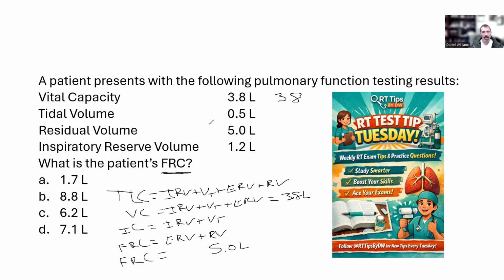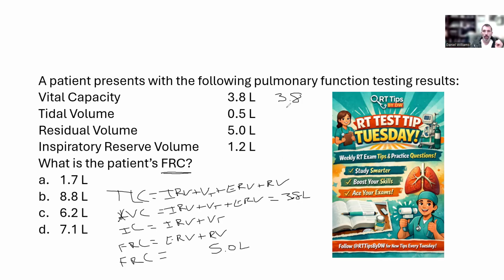We're also given a tidal volume of 0.5 liters and an inspiratory reserve volume of 1.2 liters. If you can remember that the vital capacity is equal to inspiratory reserve volume plus tidal volume plus ERV, that's going to give us the entire vital capacity. We're given a tidal volume and an inspiratory reserve volume.